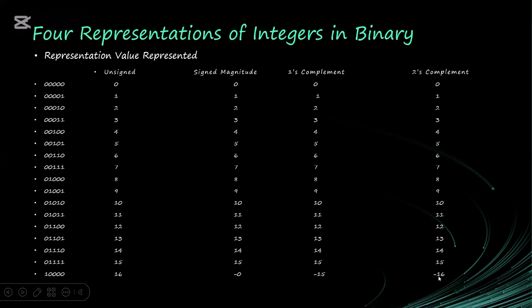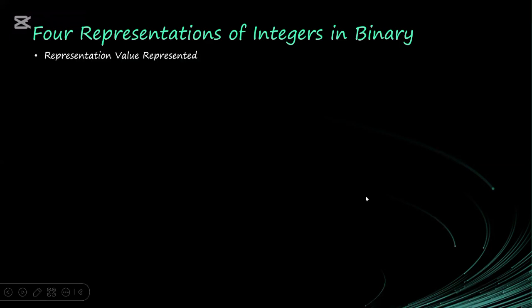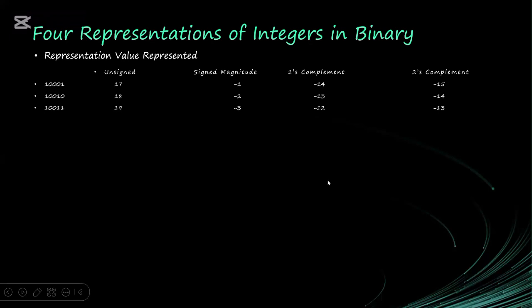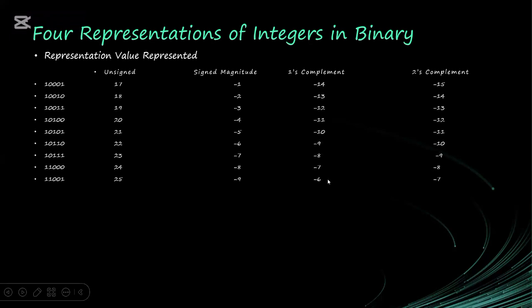And here, this one represents minus 16 in the two's complement. As we go to the next row, 17 for the unsigned is minus 1 here, and minus 14 there. So it goes down.